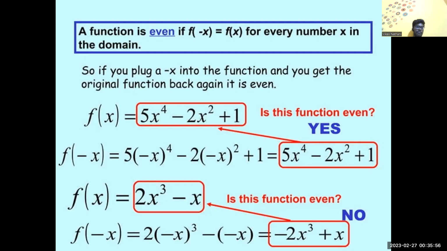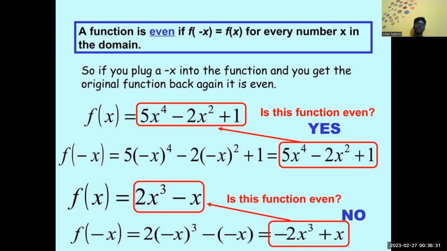So if we replace x by -x, f(-x) = 5(-x)^4 + (-2)(-x)^2 + 1. That gives 5(-x)^4 = 5x^4, and -2(-x)^2 = -2x^2, plus 1. So we have got the same function back, as given in the question. So that is an even function.